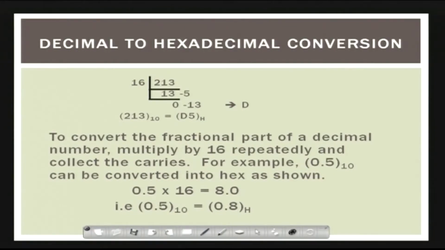Now if I further divide this by 16, I will get 0 and this 13 will come as a remainder. This 13 represents D in the hexadecimal form. So 213 in decimal gets converted to D5 in hexadecimal. The hexadecimal number can also be written as D5H instead of writing D5 with subscript 16.